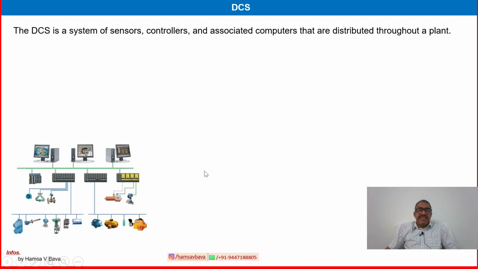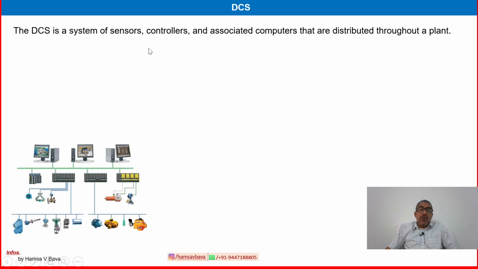So it's clear that the DCS is a system of sensors, controllers, and associated computers that are distributed throughout the plant. Sensors and field instruments are in the bottom layer. You can see various field instruments like switches, control valves, sensors, transmitters, shutdown valves, and various other instruments.